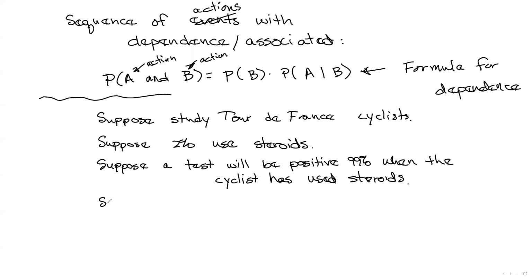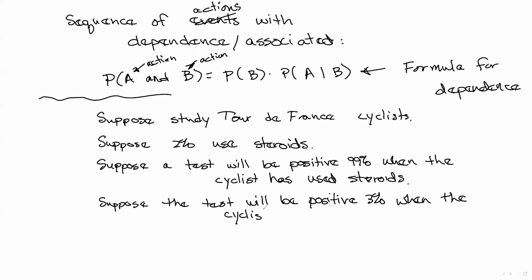Suppose the test will be positive for steroids 3% of the time when a cyclist has not used steroids. What have we got here?